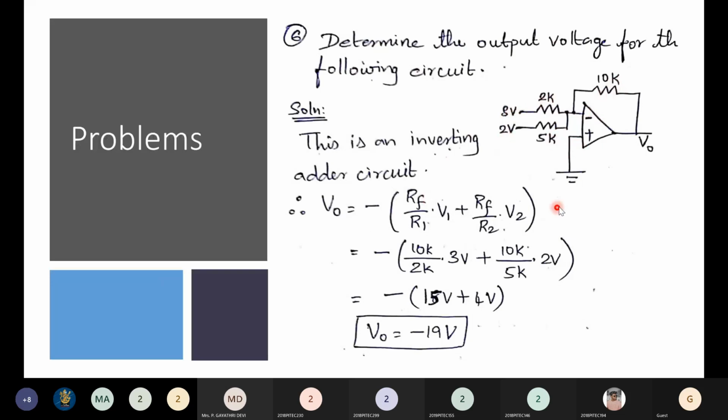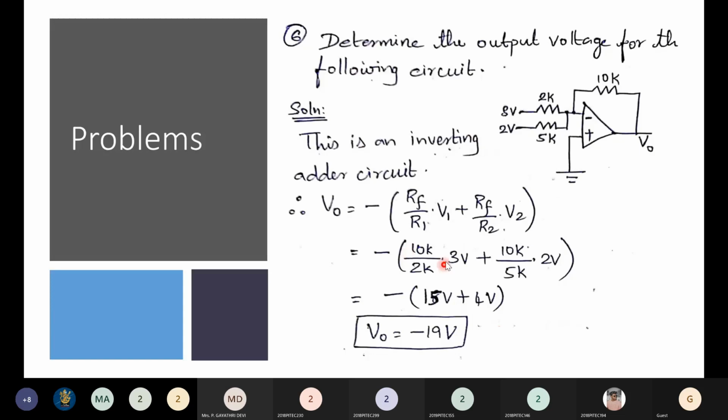So that is what is written here. If you substitute RF, R1, R2 and everything, you'll get the answer as minus 19 volts. Just make a try, see whether you are getting this. Very simple direct problem. Since we are only starting with the concept now, I've given a basic problem here.